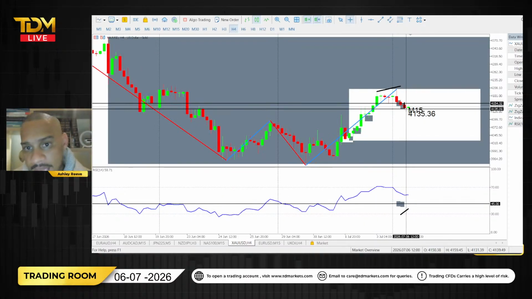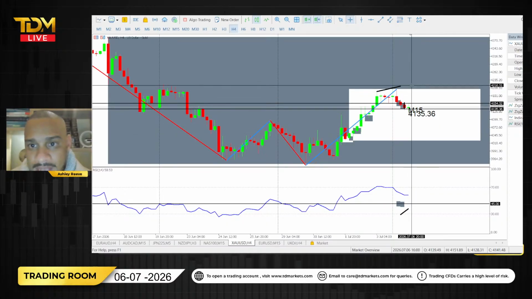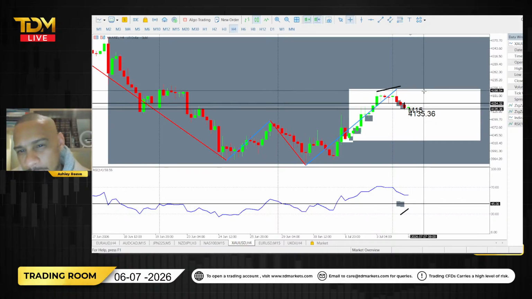If I miss my entry tonight, I will wait for tomorrow. The moment I wake up, I will come and look at this area here, and I will look at how far it's either come down or how far it's gone up. If it breaks this high tomorrow morning in the opening trading room at 9:30, I'll be looking for some pullbacks.